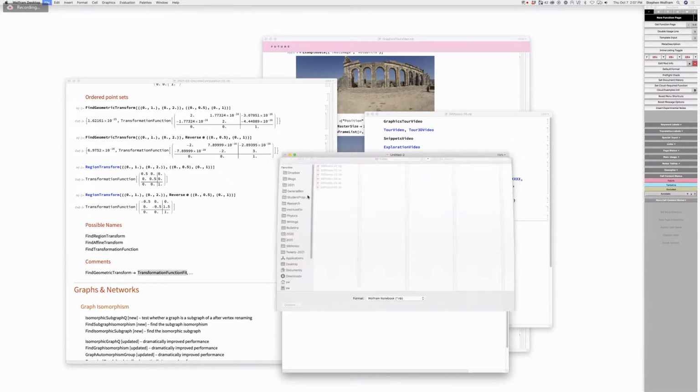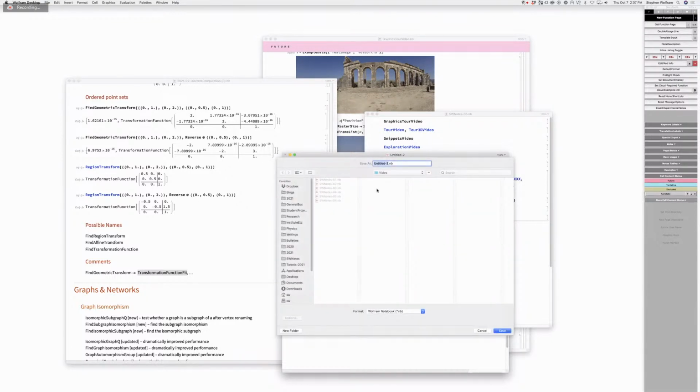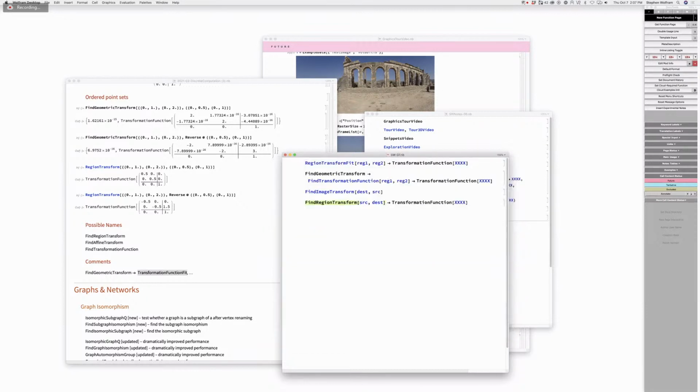Where are we saving this? I actually don't know. This is geometry. Okay. We are in the process of making a mistake here.